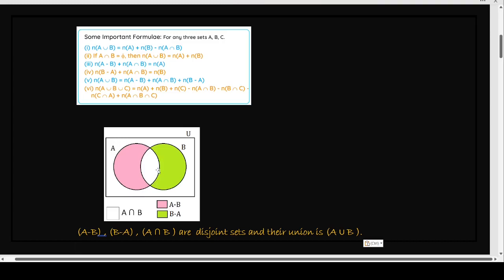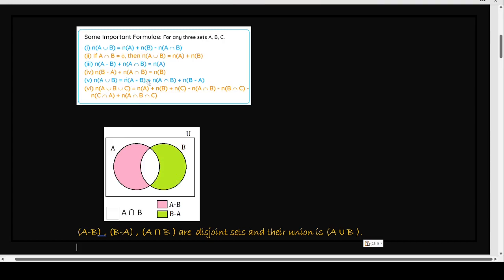This becomes the complete A circle, that is nothing but n(A), the number of elements of A. So n(A minus B), the number of elements of this pink portion, plus n(A intersection B), this white portion, equals this complete circle, set A, n(A). Similarly, n(B minus A) plus n(A intersection B) equals n(B).